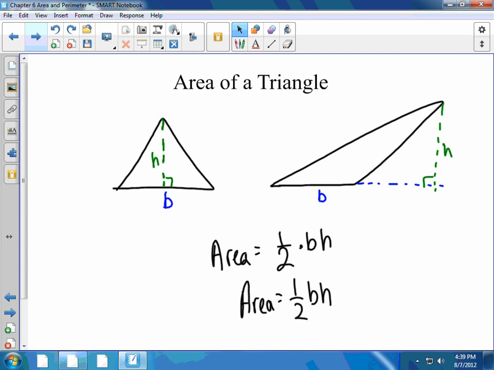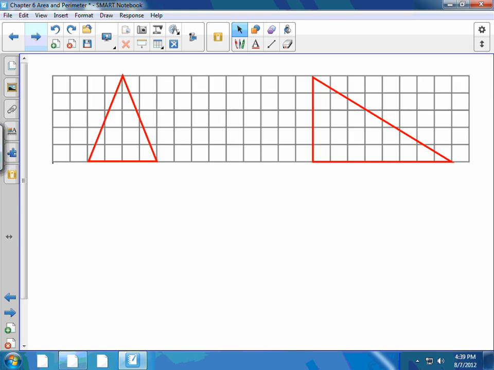So let's figure out why that is. Here I have two triangles. First triangle, second triangle. If I look at that first triangle, let's label this side as the base. So then my height will occur right in the middle here.